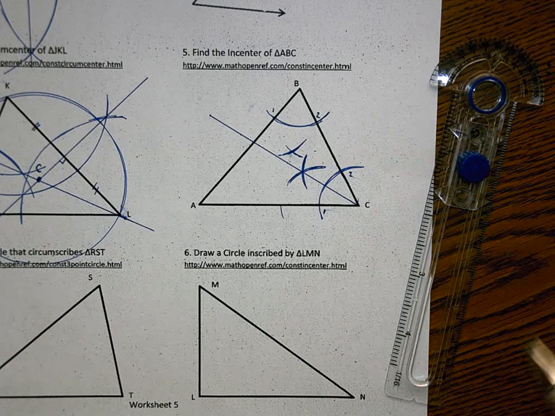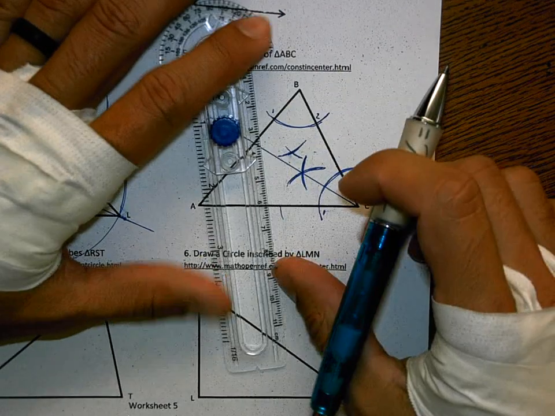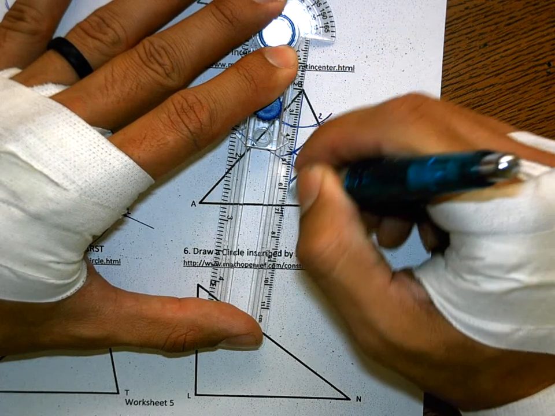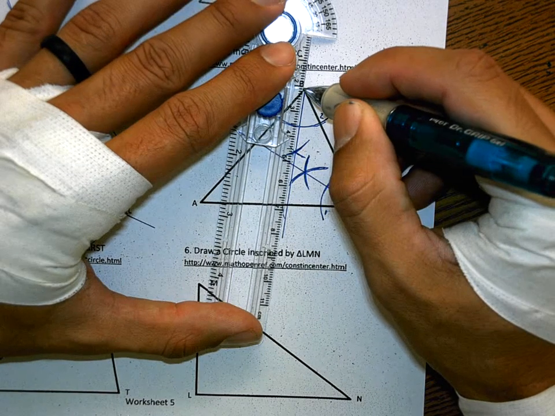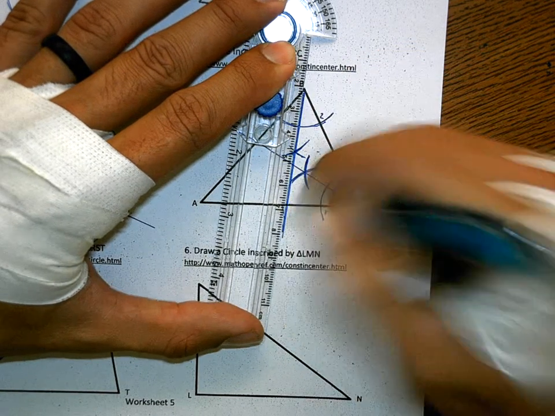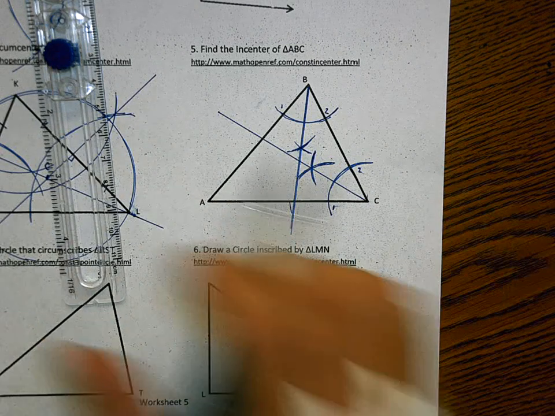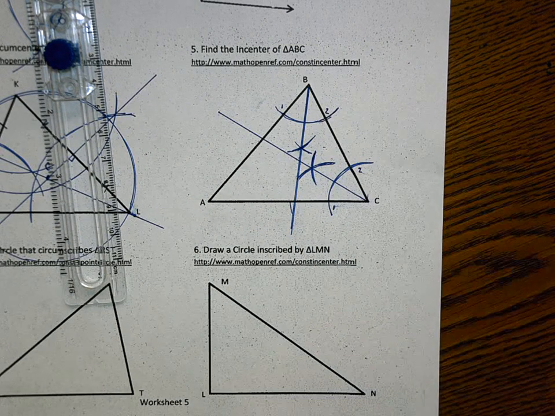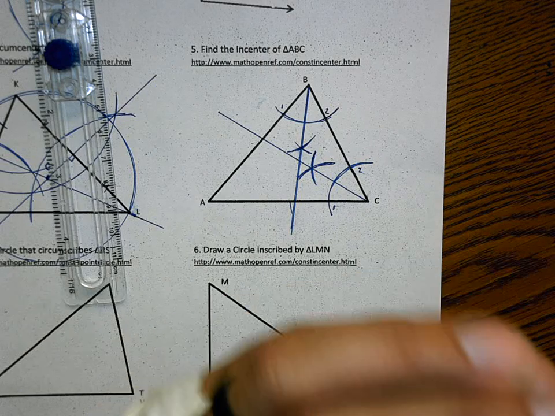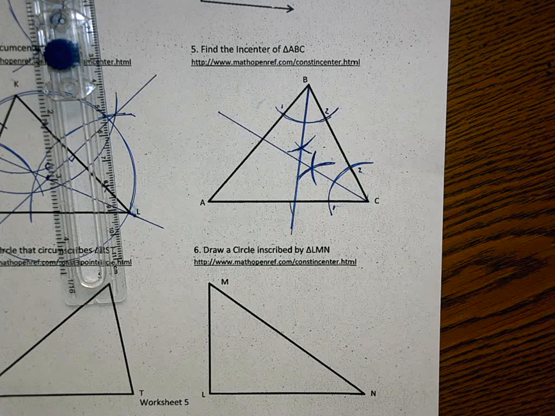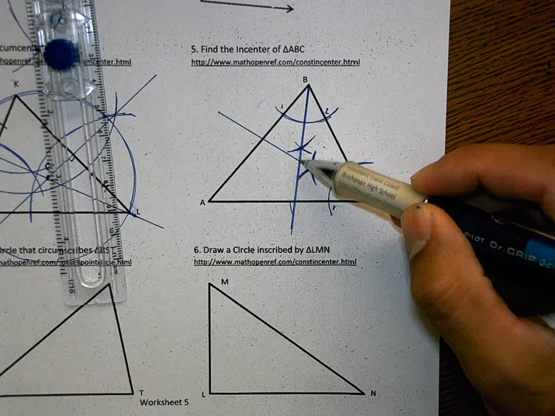Where they intersect, from the vertex to there makes 2 perfectly congruent angles. If I were to measure this angle and measure this angle, they should be exactly the same measurement. Which means this should be the in-center.